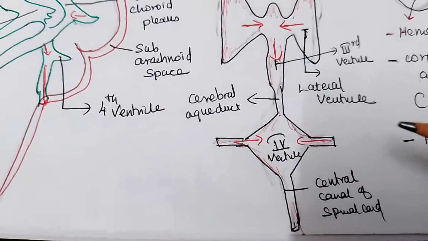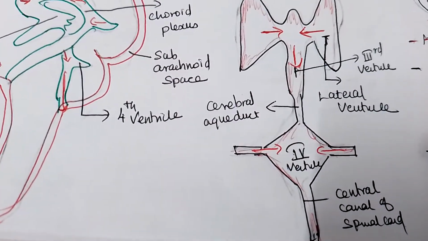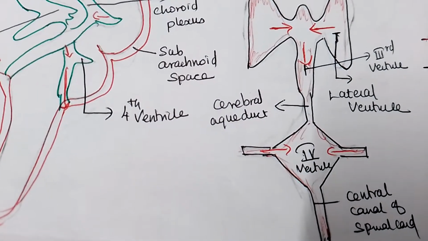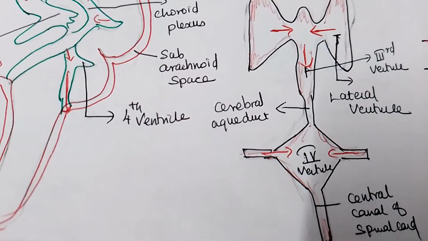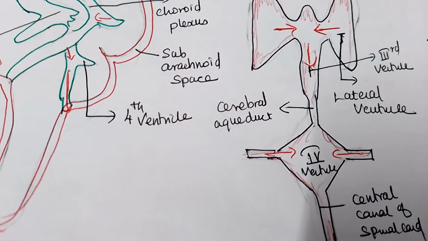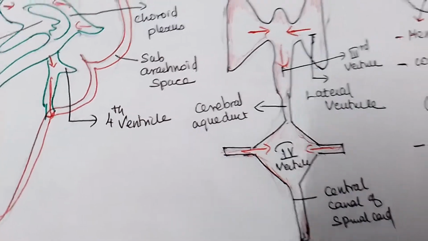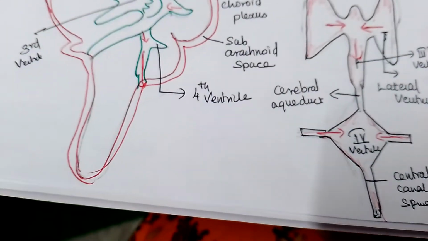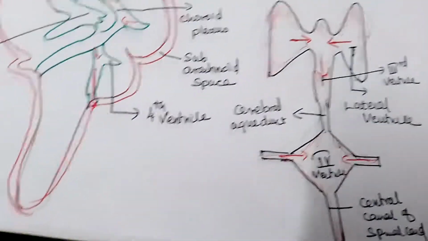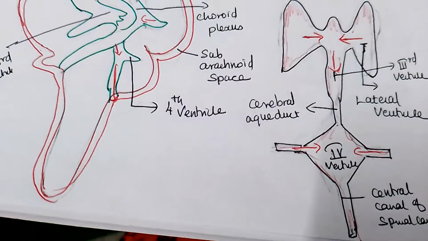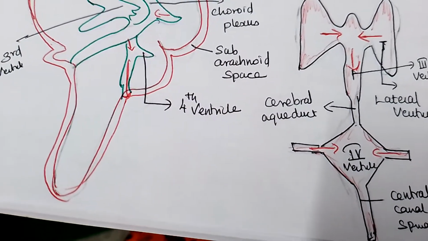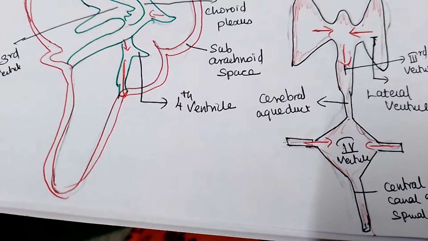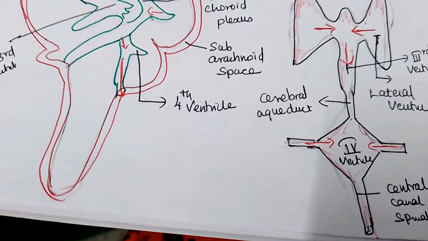Here the cerebrospinal fluid runs along the side of the brainstem. Then in hydrocephalus, if any obstruction happens, abnormal enlargement of these brain cavities occurs. This abnormal enlargement of the brain cavity is called hydrocephalus.